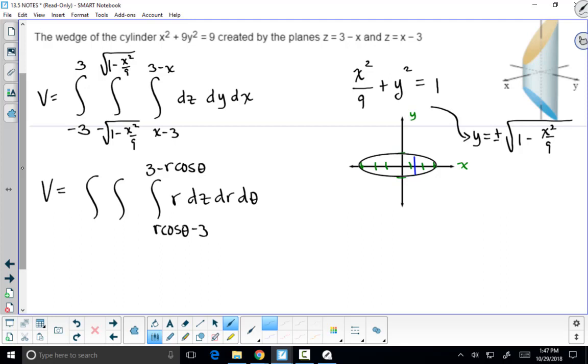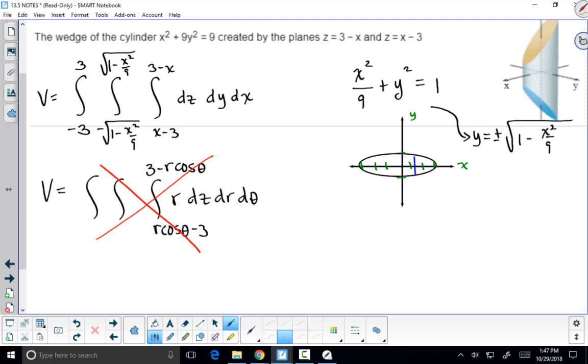It just says find the volume of the solid. Going to cylindrical is not going to work here. You have to have some straight x squared plus y squared to go to cylindrical. Yes, exactly. Cylindrical won't work here because we don't have x squared plus y squared. It'll work if the domain is circular, but not if it's an ellipse. We don't have a clean way to do that.